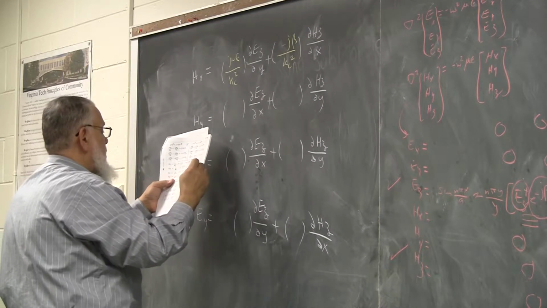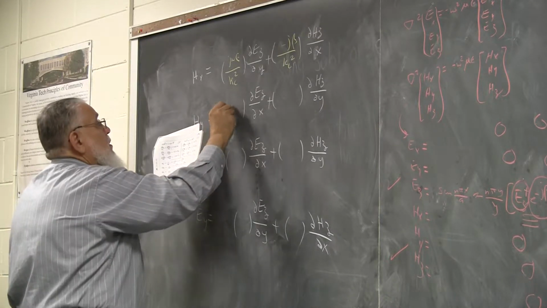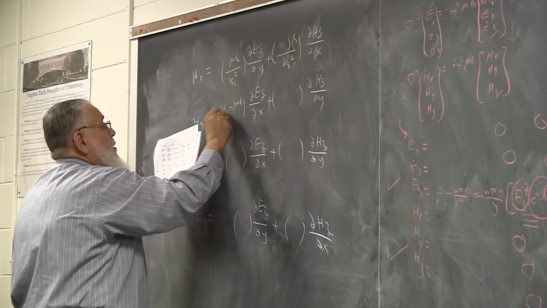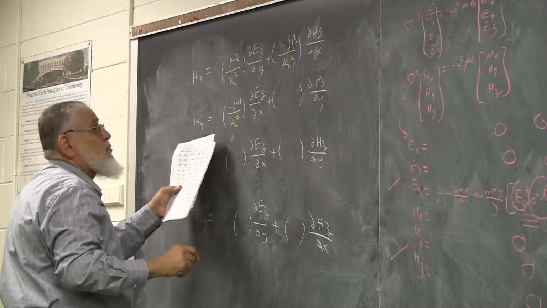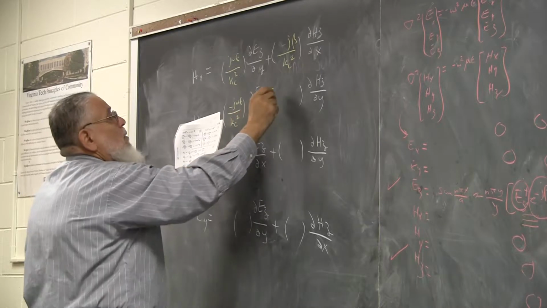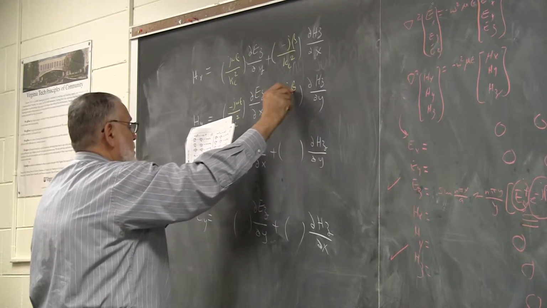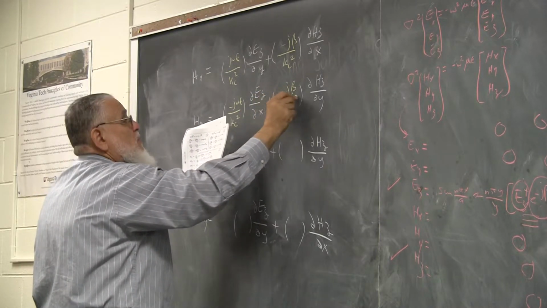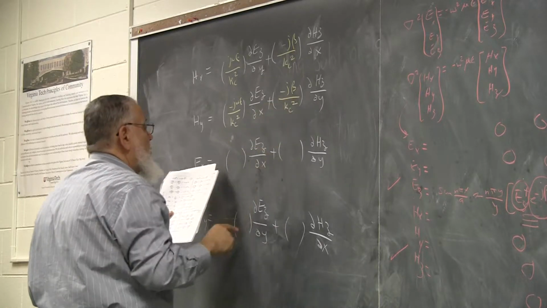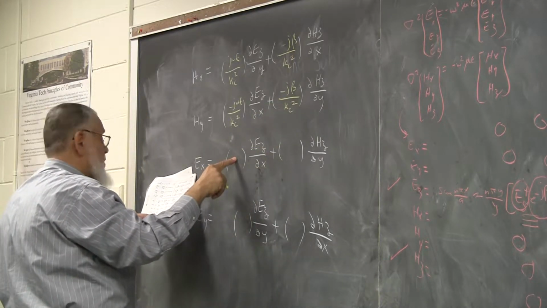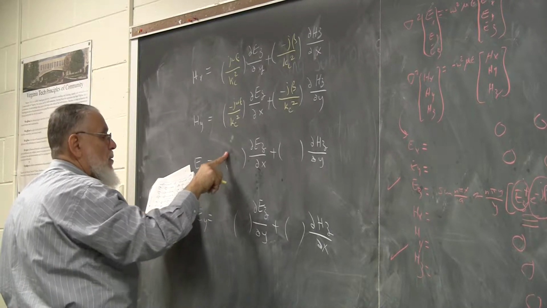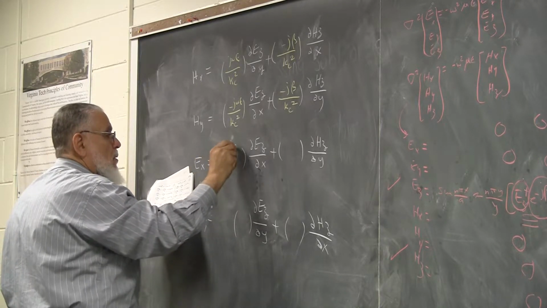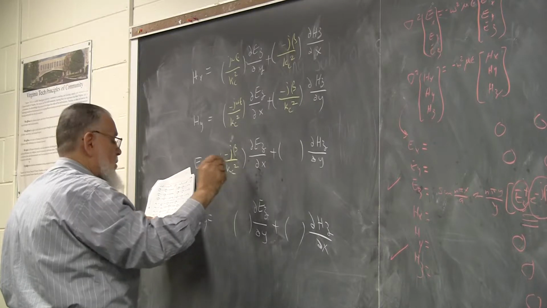The H sub y is minus j omega epsilon over k sub c squared. And this one here is minus j beta over k sub c squared. This one here is minus j beta over k sub c squared.